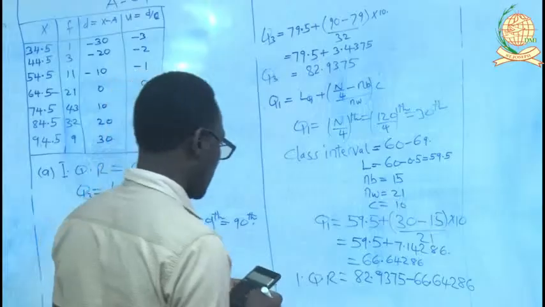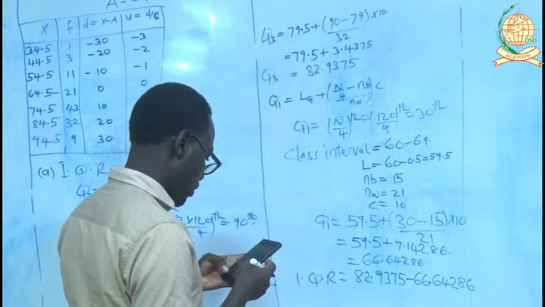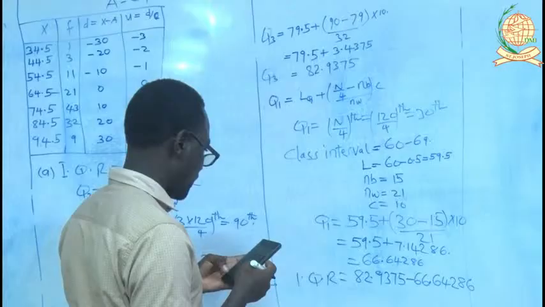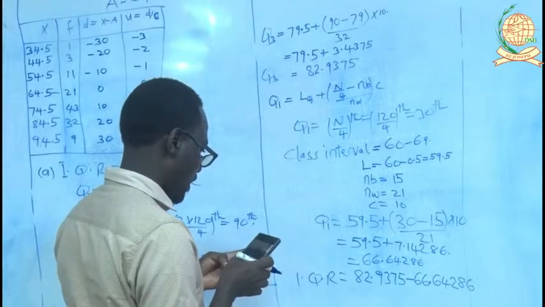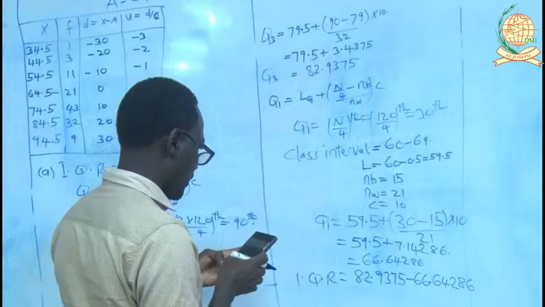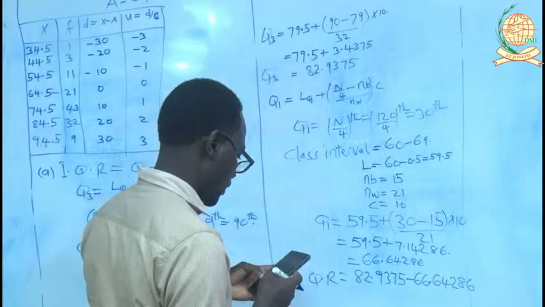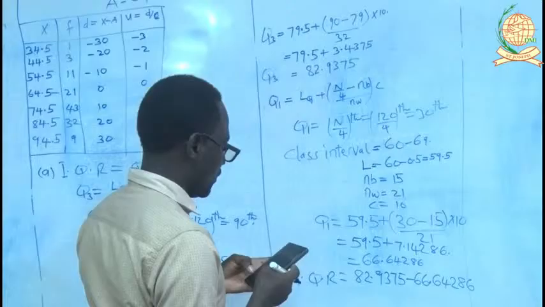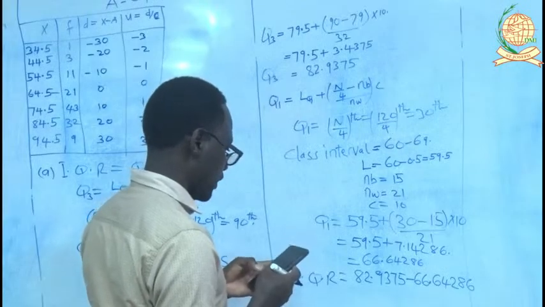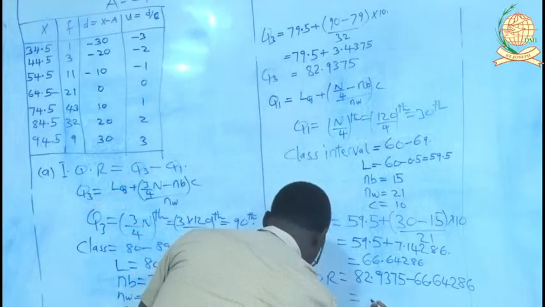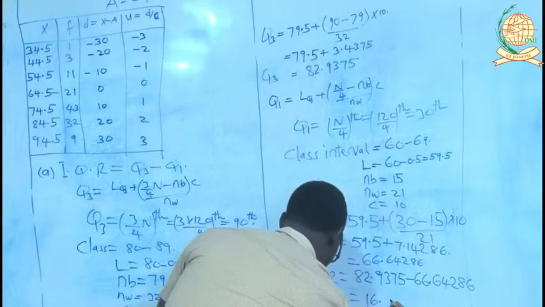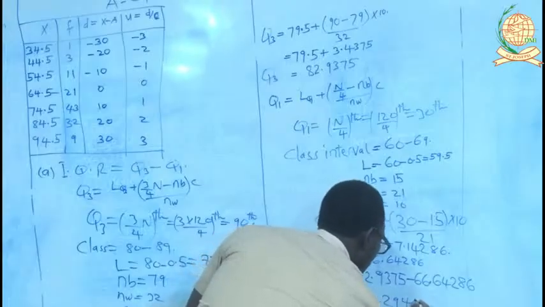I will take 82.9375 minus 66.64286. Then the answer is 16.29464. So this is the answer.